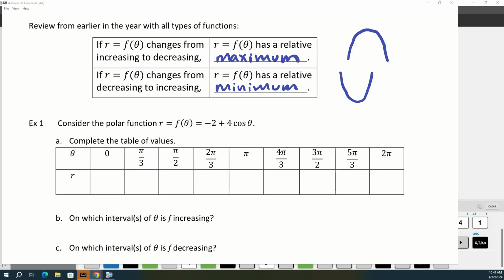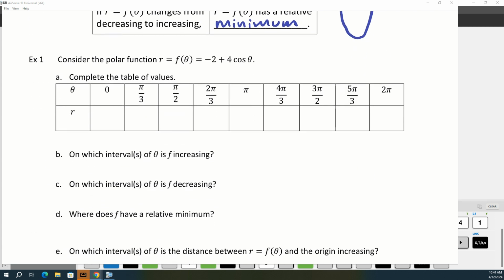Okay, we are going to split up the work on this table. I'm going to give you each an angle, and you are going to plug your angle into this function. You have your unit circle right in front of you, and get an answer.